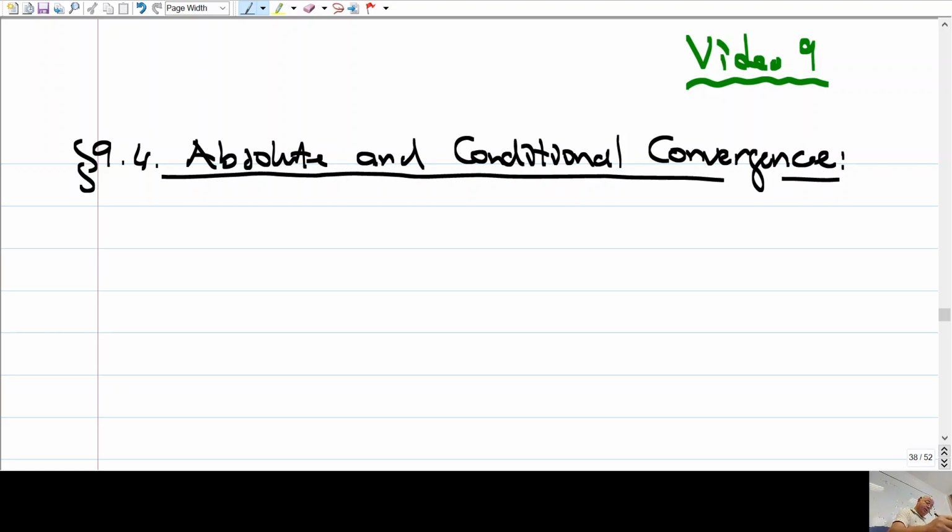All right, here is the definition. Definition for absolute convergence.